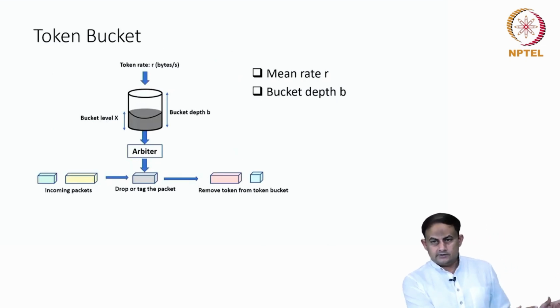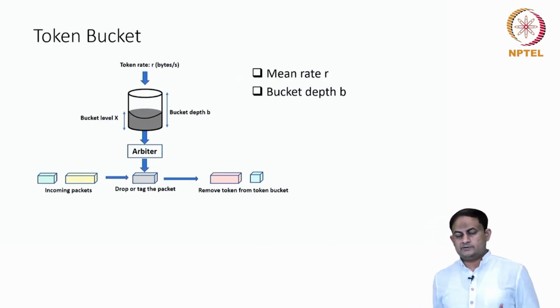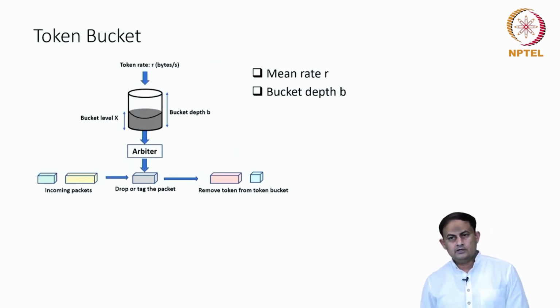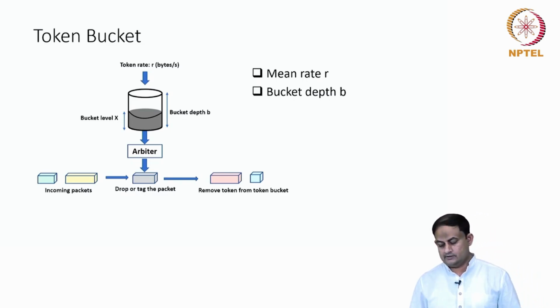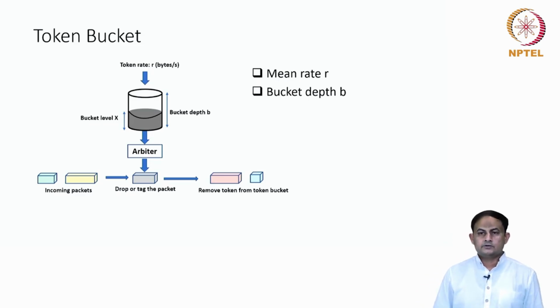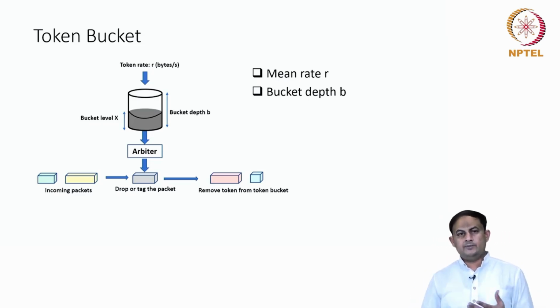So that was the leaky bucket algorithm with respect to ATM networks, and the concept of the leaky bucket algorithm in the IP network takes a little bit of change. The companion version in the IP network is called the token bucket.